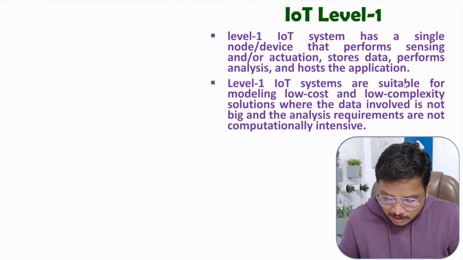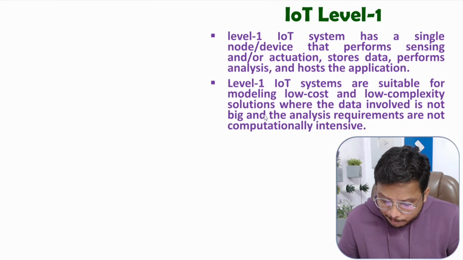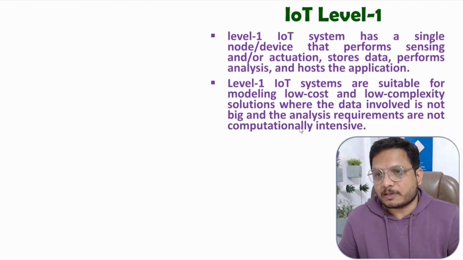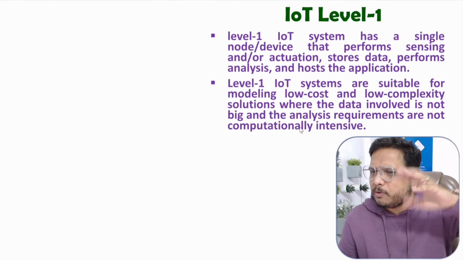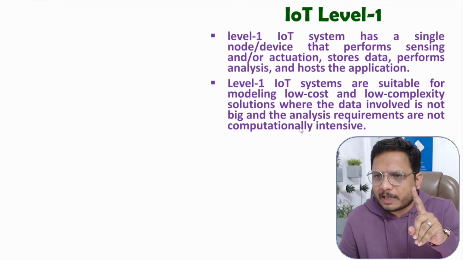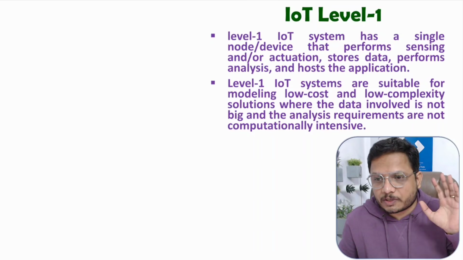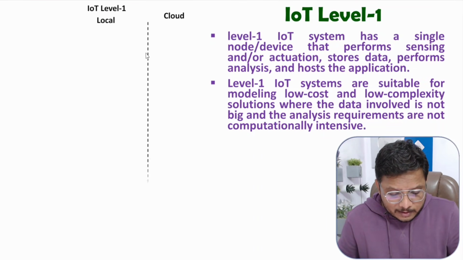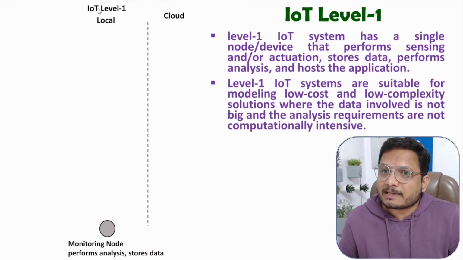Here IoT systems have lower cost and lower complexity for solutions, and here we don't need complex, computationally intensive services, right? So here on the cloud everything will be very simple, a single node will be there, and this system is therefore low cost, right? So here locally I'll be bisecting this, and here there will be things on the cloud.